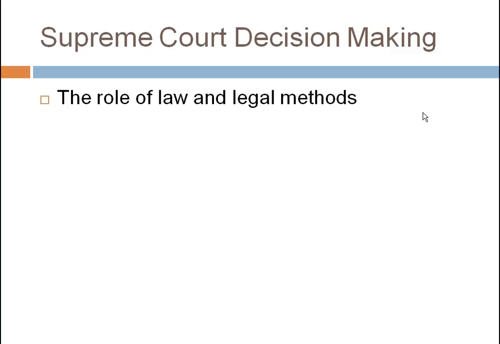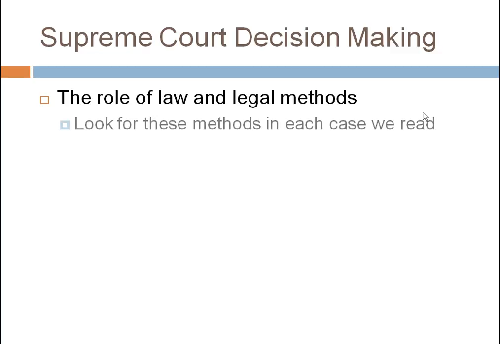So the first section here, and again this is the reading by the same name. We'll come back to the charts here in a second, but let's just jump ahead to the role of law and legal methods. There's a nice description of each one, but you can also look at table 1.1, which is on page 25, and that gives you a list of each one with an example.